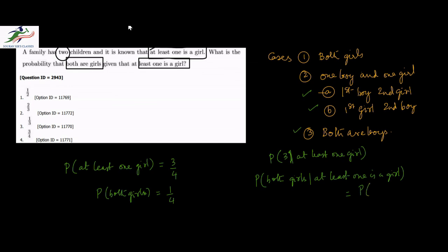So intersection of both means both has to be girls, and divided by probability of at least one. So this would be 1 by 4 divided by 3 by 4, which is 1 by 3. So option 3 is the right choice here.